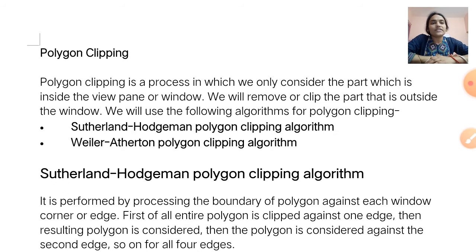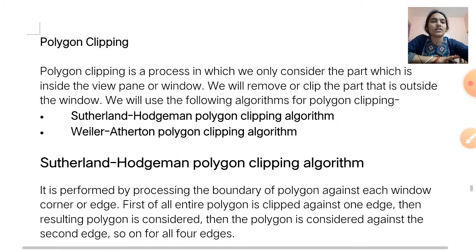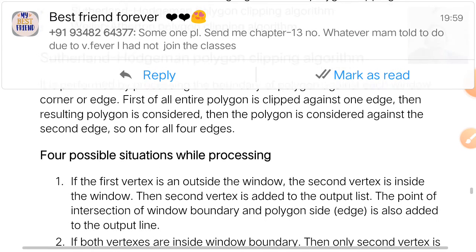For polygon clipping we use some algorithms. First one is the Sutherland-Hodgman polygon clipping algorithm, and second one is the Weiler-Atherton polygon clipping algorithm. So we discuss the Sutherland-Hodgman polygon clipping algorithm. Let us discuss in detail.